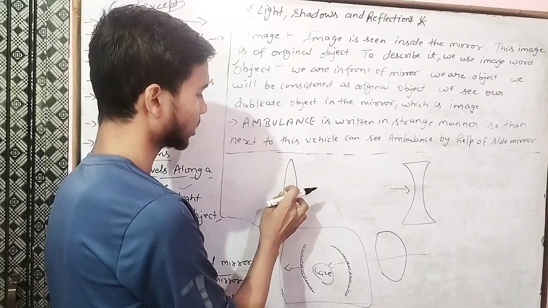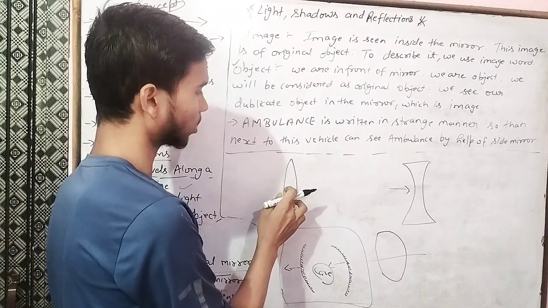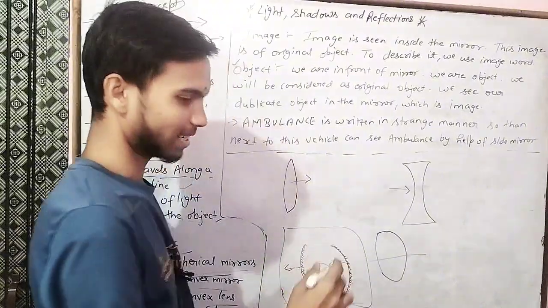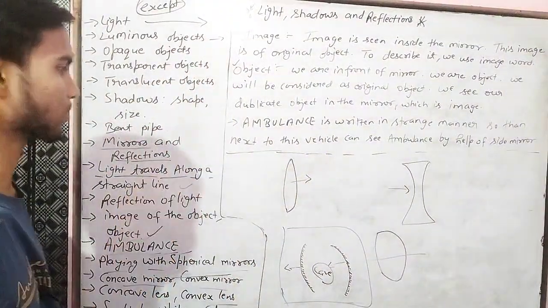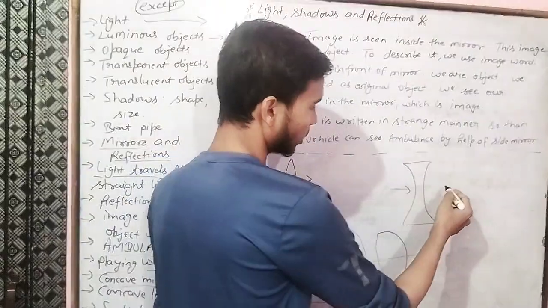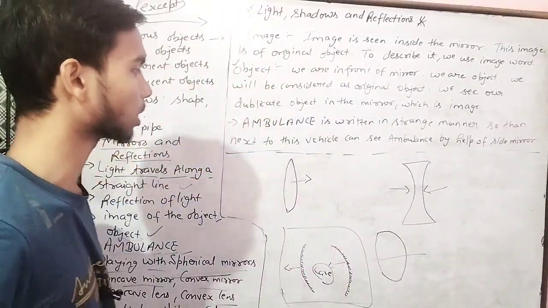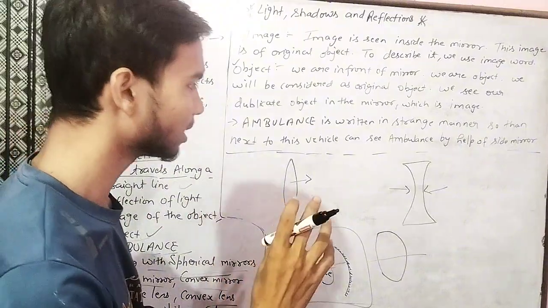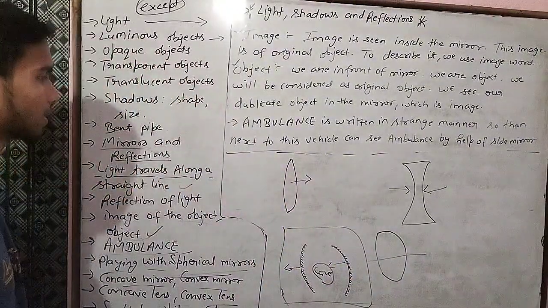When we touch the middle of this convex lens, we will feel a thick surface. When we touch this concave lens, we will feel a thin surface. Clear.